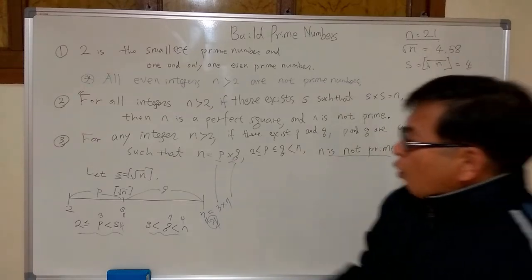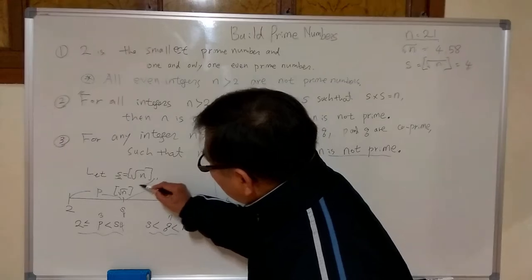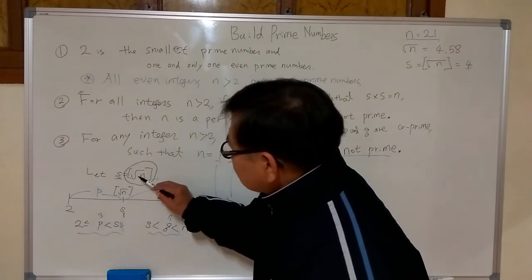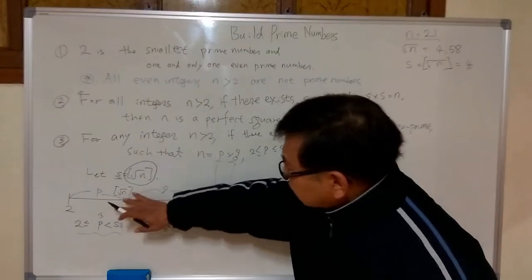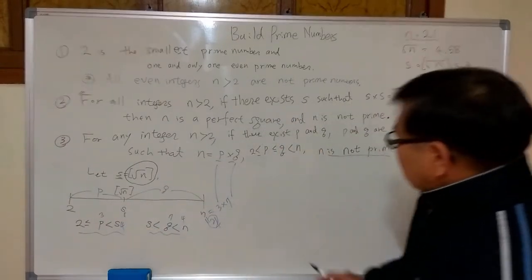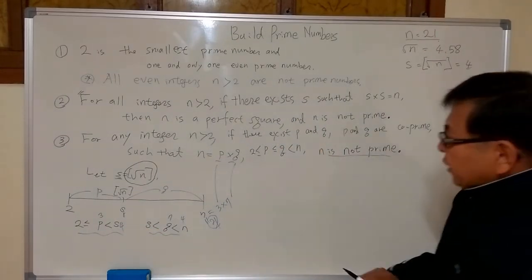Then you may wonder how I get this boundary, root n. So I will summarize.